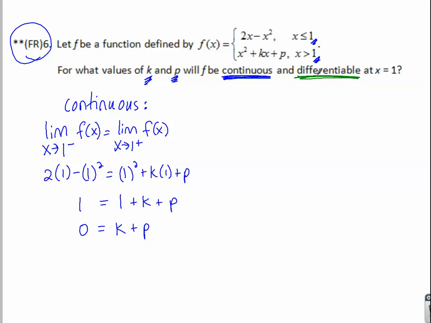The function has to be differentiable also. That means there are slopes. We can draw tangent lines. The tangent lines we can find their slopes.